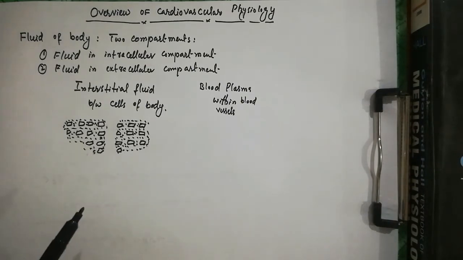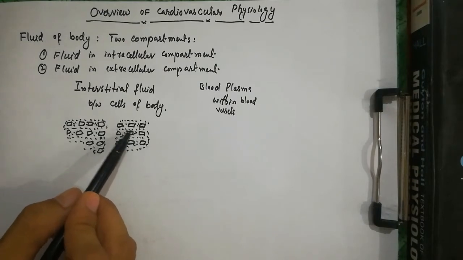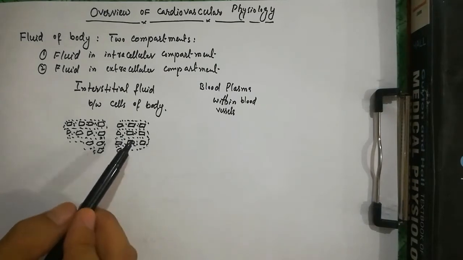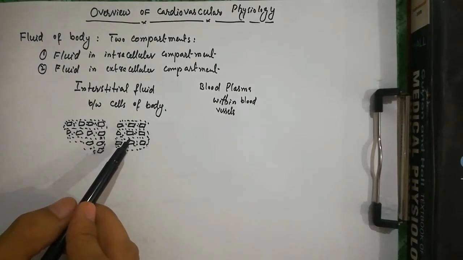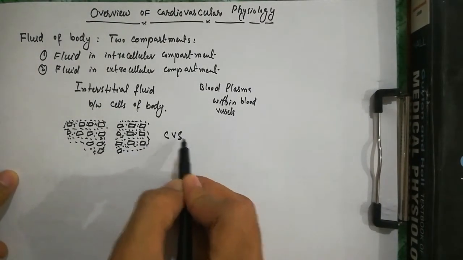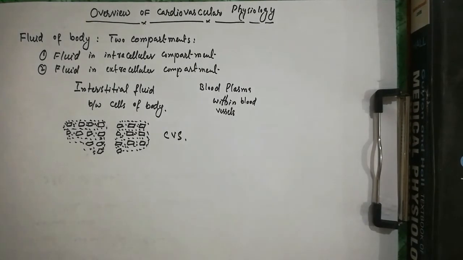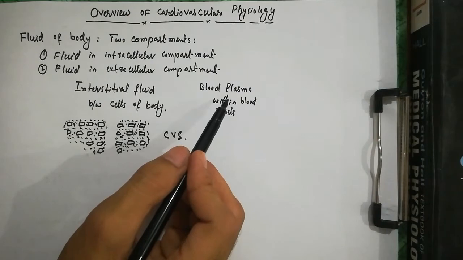To keep the normal composition of interstitial fluid is the function of the cardiovascular system. The cardiovascular system performs this function by pumping blood plasma, or intravascular extracellular fluid.